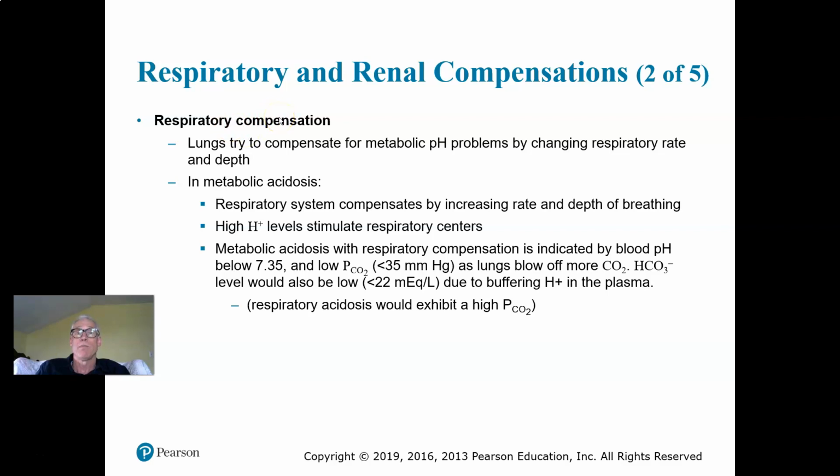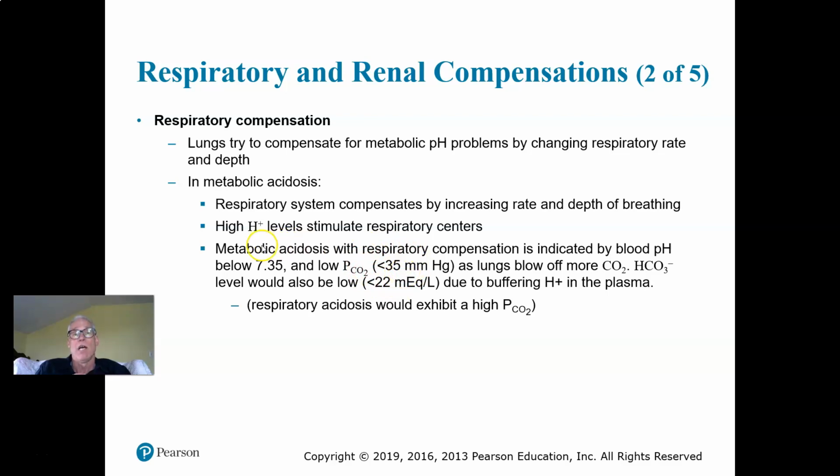Respiratory compensation. If we have a metabolic acidosis, we have an acidic pH of the blood. What will the lungs try to do? They will increase ventilation rate, and if you increase ventilation rate above normal in attempting to compensate for this pH problem, the partial pressure of CO2 is going to go down below what it normally would be. It should normally be 40 millimeters of mercury.